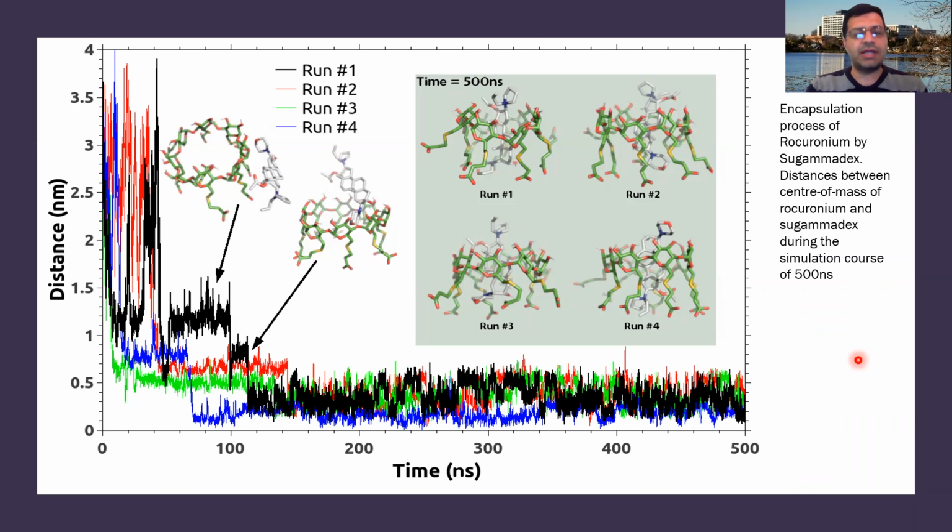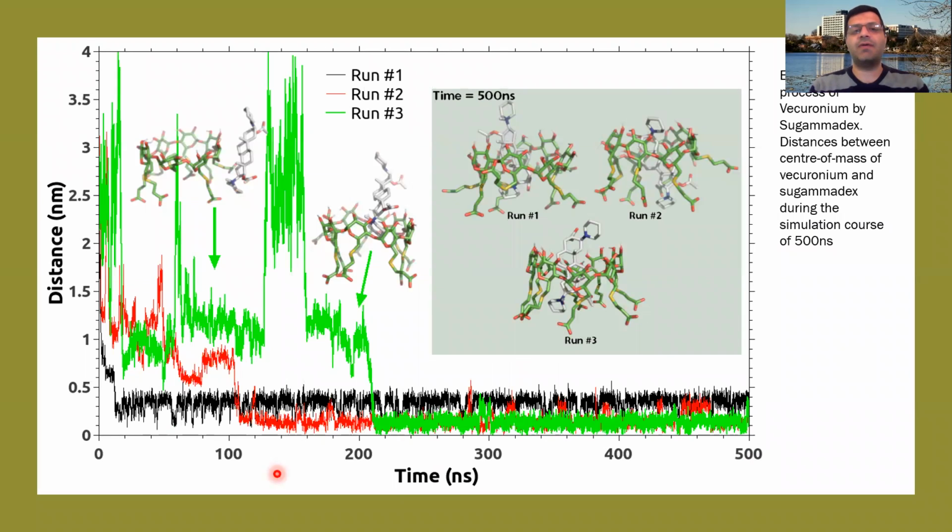To get more details, we have run long simulations, actually several of them. We have done 4 simulations with a length of 500 nanoseconds, and we've monitored the distance between drug and Sugammadex. We have seen that after about 100 nanoseconds, for example for rocuronium, it goes into the cavity, entering from the hydrophilic side, and then remains in the Sugammadex for the rest of the simulation.